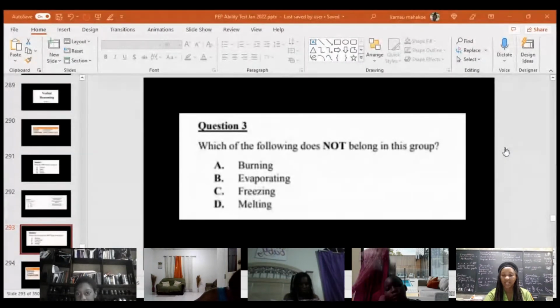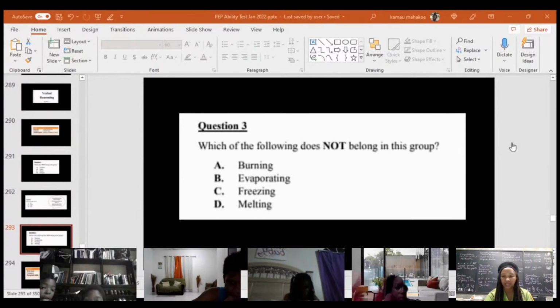All right. Ashley said freezing, but she's not telling me why. Langot is saying there are all states of matter. Well, these are not the states of matter. These are processes that the states of matter can go through, right, Langot? The states of matter would be solid, liquid, or gas.